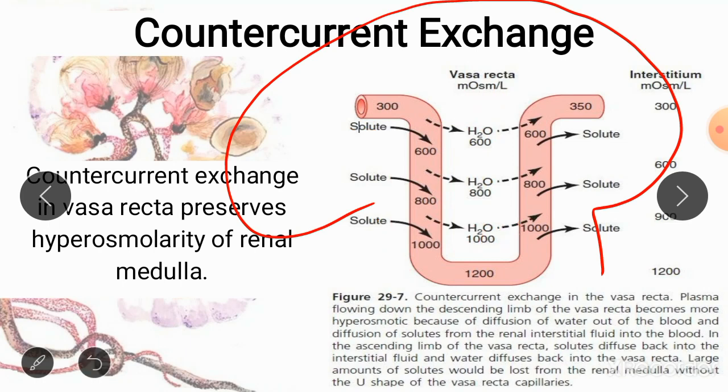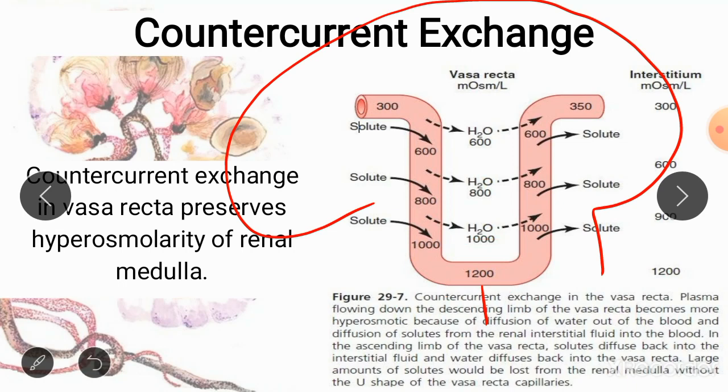So as the peritubular capillaries move down towards the medulla, solutes enter into them from the renal interstitium. By the time the peritubular capillaries reach the deepest part of the medulla, they have gained so many solutes from the renal interstitium that the blood in the peritubular capillaries becomes as high in osmolarity as 1200 milliosmoles.